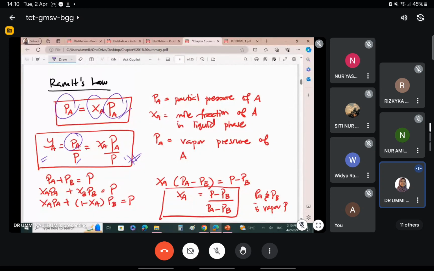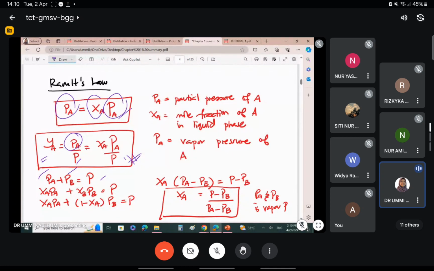Okay, then how to find the equation to determine the mole fraction in liquid phase, XA. So from PA plus PB, okay, partial pressure of component A plus partial pressure of component B is equal to total pressure.